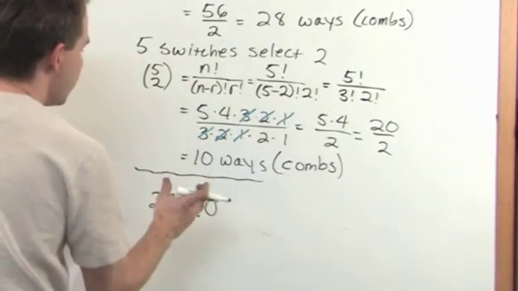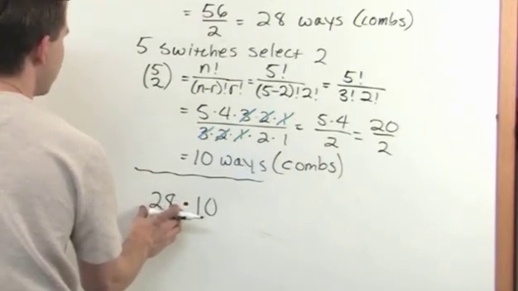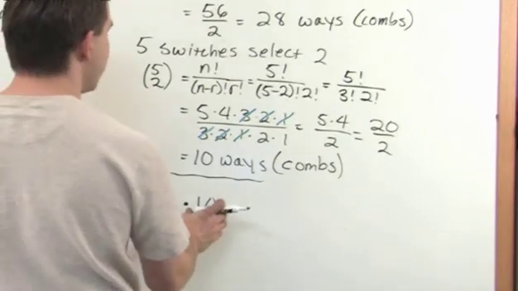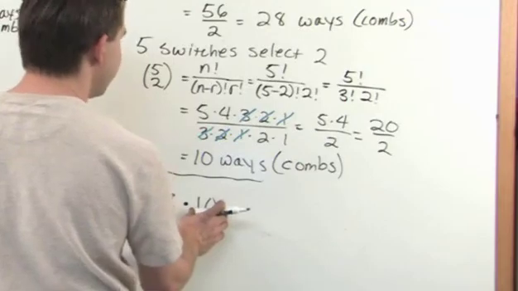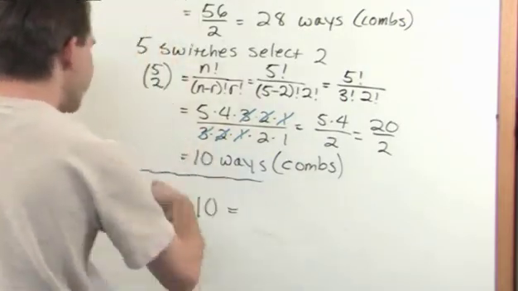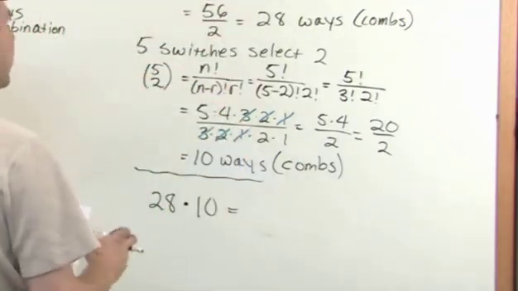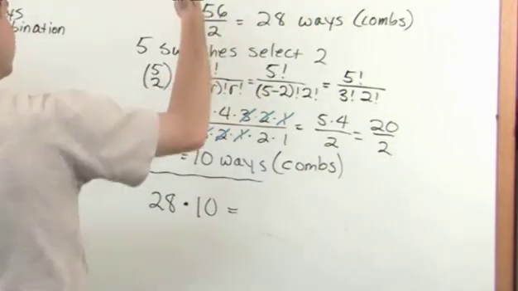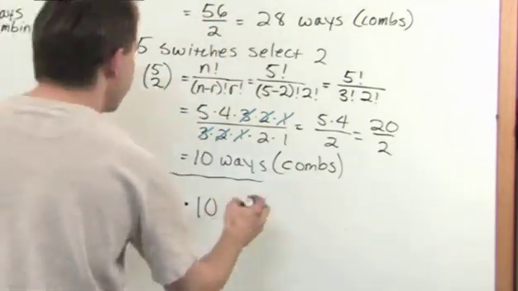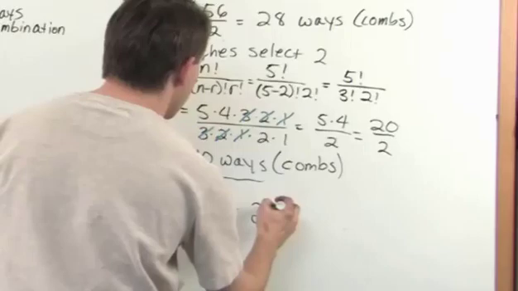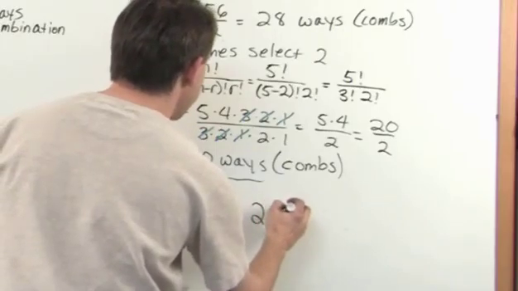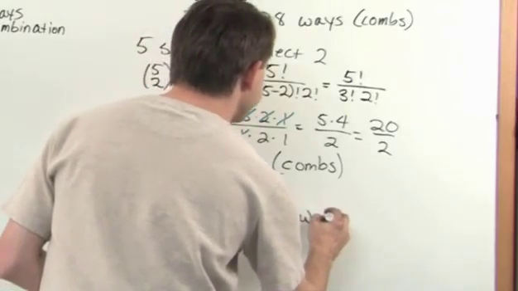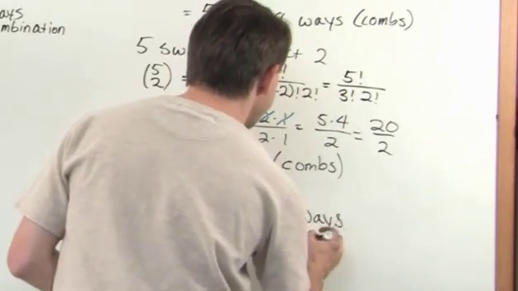Event 1, picking the 2 motors, happens 28 ways. Event 2, which is the number of ways you can pick the switches, happens 10 ways. So altogether, when you have all of these things going on at once, you can select the motors in 28 ways and the switches in 10 ways. There's actually a grand total of 280 ways to do the whole thing, which are combinations.